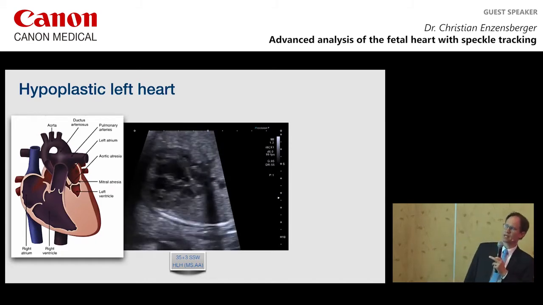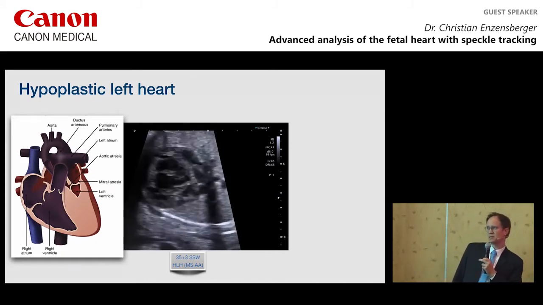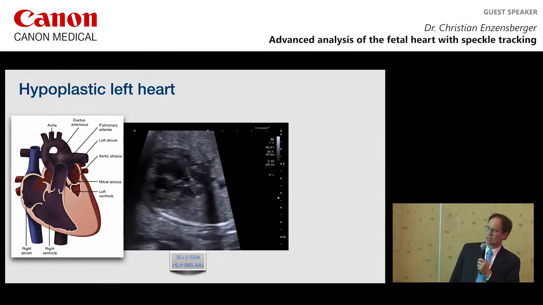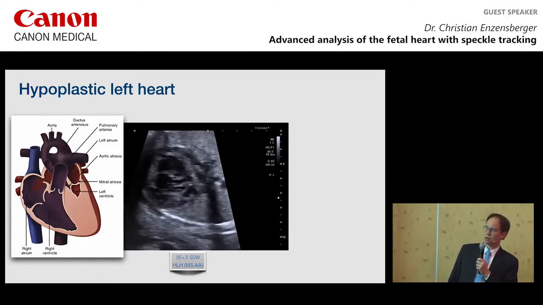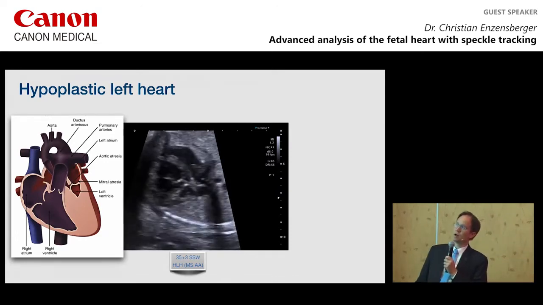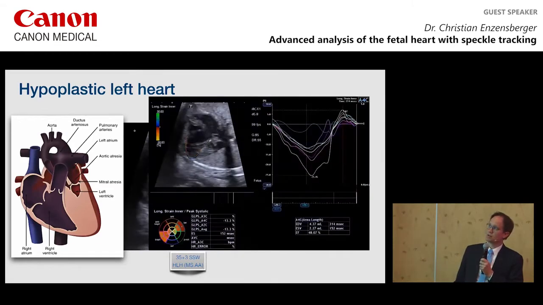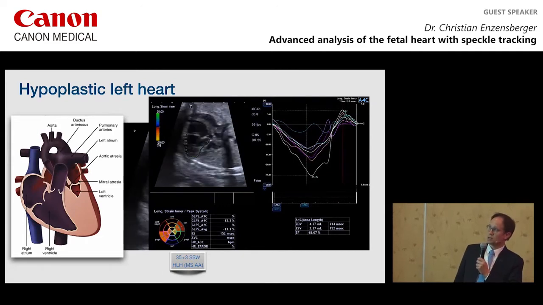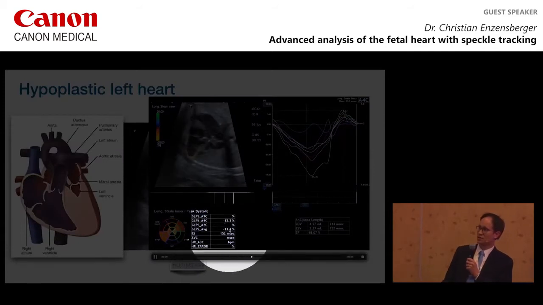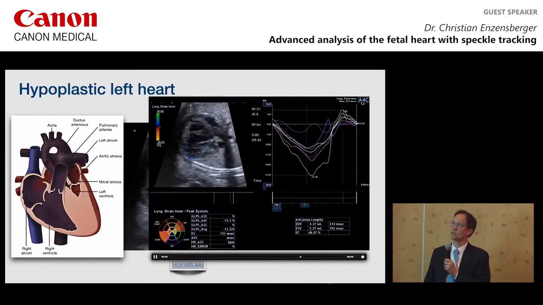In this clip, it's a pity that you cannot clearly see the endocardial fibroelastosis, but there obviously is one. When you perform your strain analysis, you can see that the global longitudinal peak systolic strain is going down, with minus 13.3%.